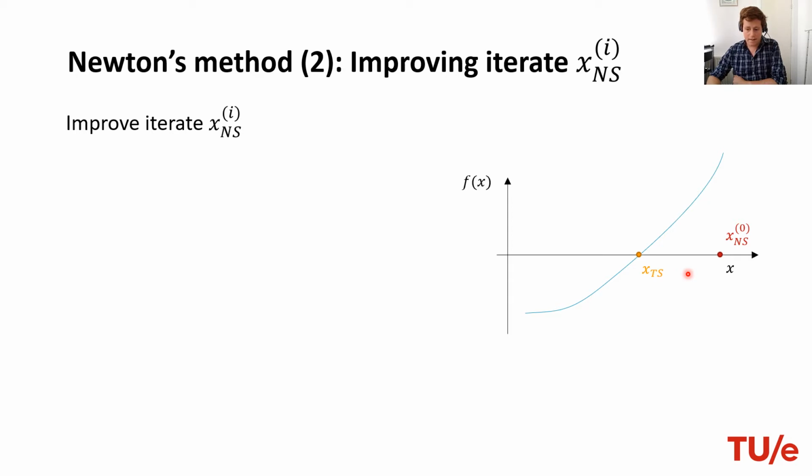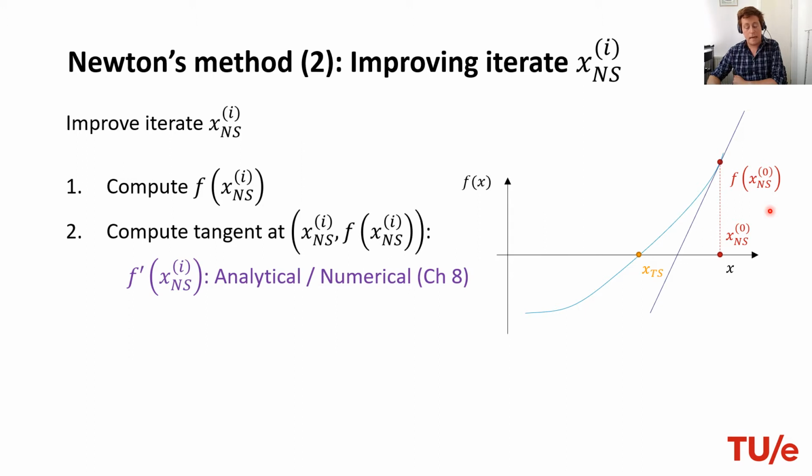So the first thing that we do is compute the function at the current numerical solution. So that's f(x0). Next, we compute the tangent line to this point, so the derivative of f at x0, or in the general case at xi.